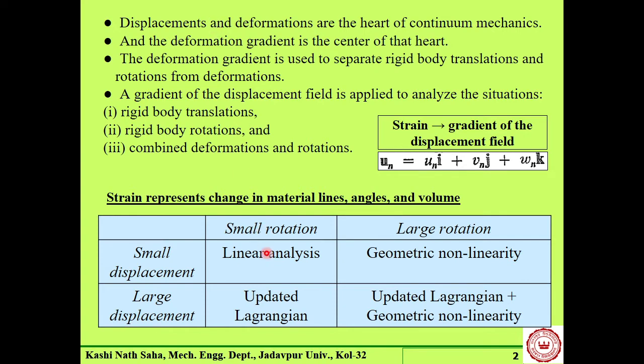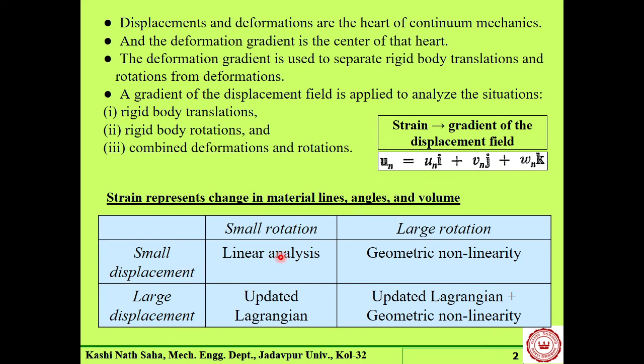Now, we can classify them in these four categories. There is small displacement and large displacement. Similarly, there can be small rotation and large rotation. And you understand these four subcategories will come from there. If the combination is small, it is linear analysis.